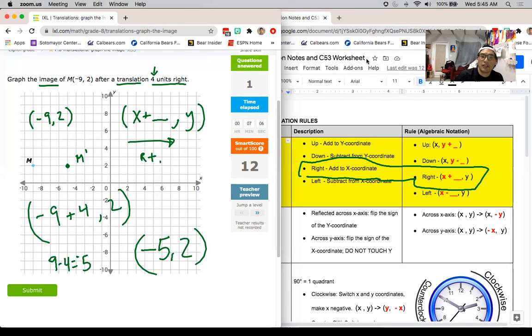Now, I did this algebraically. I just read the directions and I used the rule. If I were going to just count this off, I'm going to erase all this stuff.